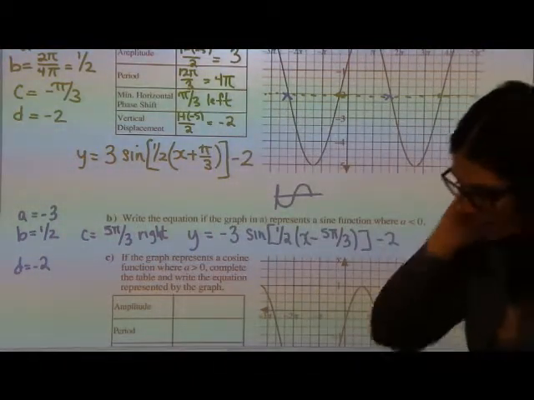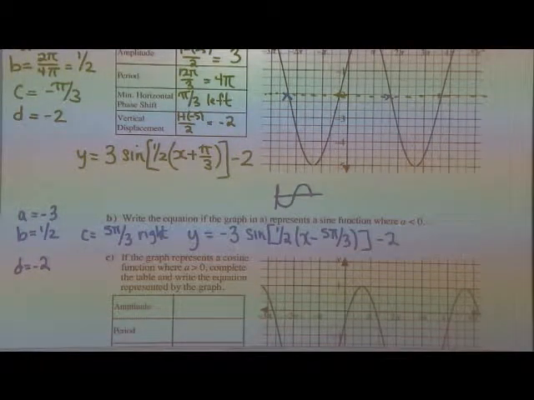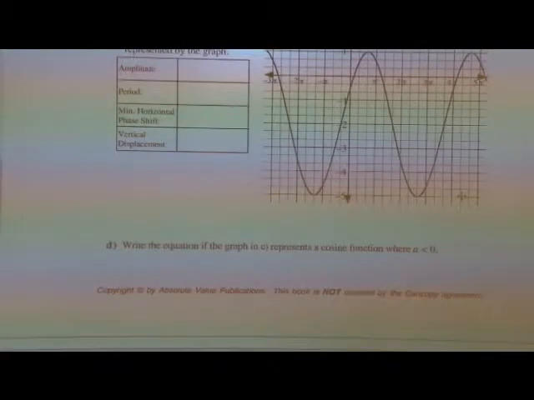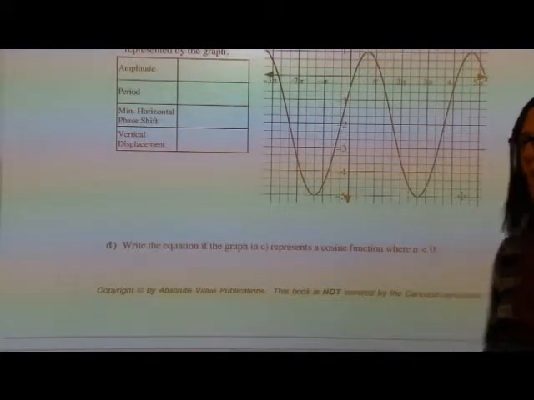Okay? I'm going to give you a couple of minutes, and I want you to try to start B. You're looking at a cosine graph, so I want you to see if you can figure out the stuff for B. So your homework yesterday was to write these two equations as a cosine function.